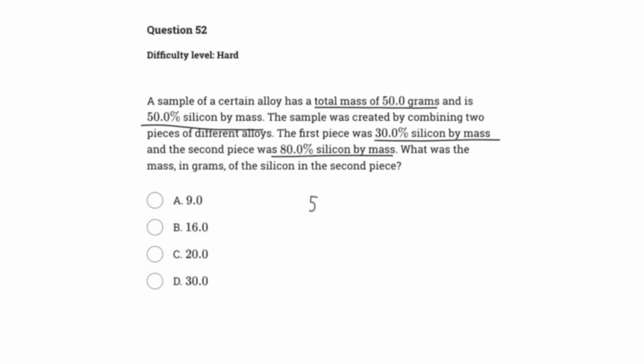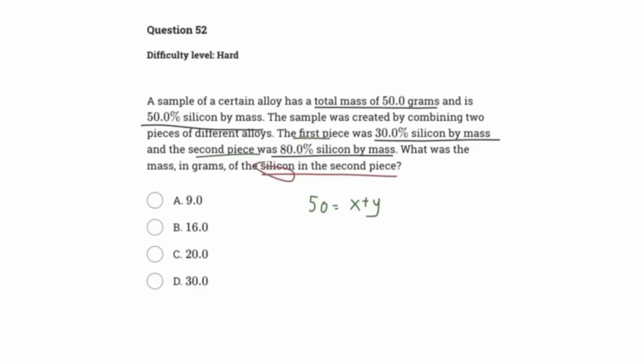So we can write 50 equals, and now we need to create some variables. Let's create them as x and y. So what we want to define here is essentially x is the total mass, important to note, total mass of the first piece, and then y is the total mass of the second piece. But what we want to solve in the problem is the mass in grams of the silicon, only the silicon in the second piece. So how exactly do we do it?